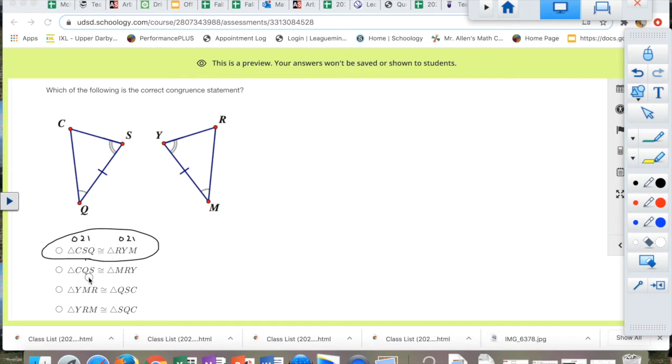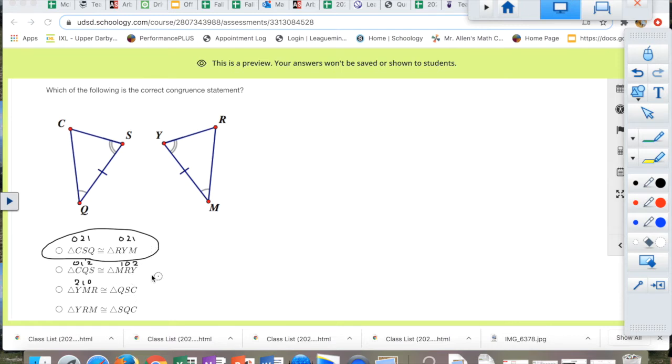So I got 0, 1, 2, MRY, 1, 0, 2. So you see how they don't match up just based on the markings. YMR, so I got 2, 1, 0, 2 arcs, 1 arc, 0 arcs.